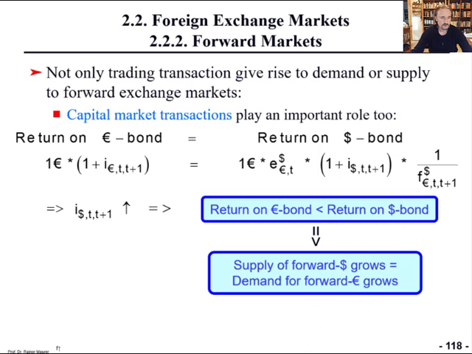So supply of forward dollars grows, demand for forward euro grows, which means that the euro appreciates on the forward market against the dollar when the dollar interest rate increases. This is the opposite reaction as we can observe for the spot rate. We have already discussed this.